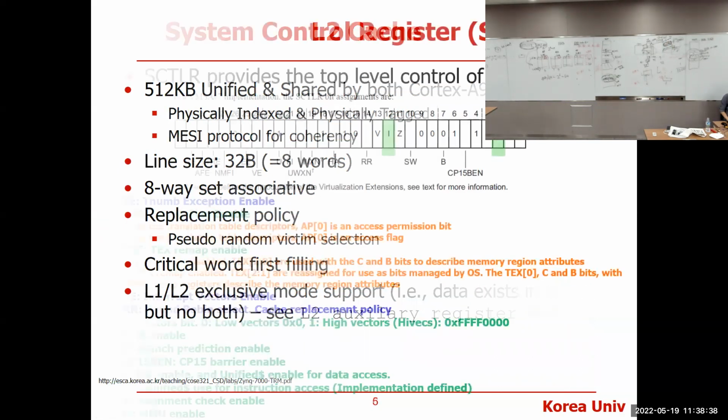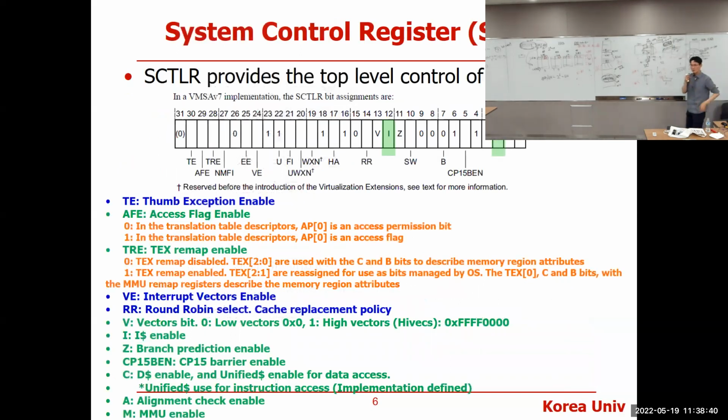Okay, and then let's talk about some programming. I told you, right? Caches are transparent. It is a ghost, right? It is not visible to you. It is transparent. You cannot do anything. But there is a limited operation you can do, like turning the cache on or off. You can turn the cache on or off using the system control register.